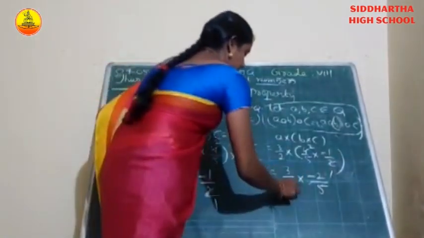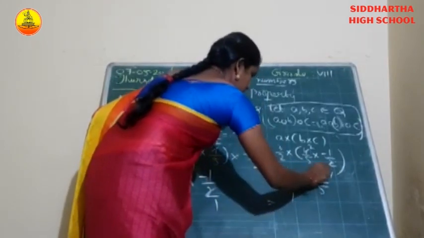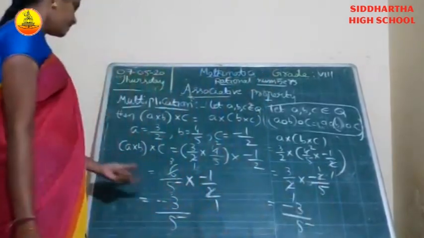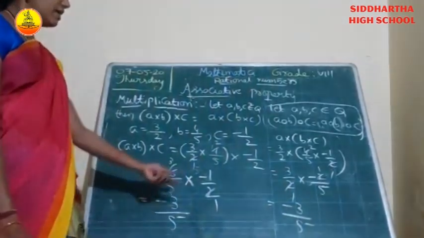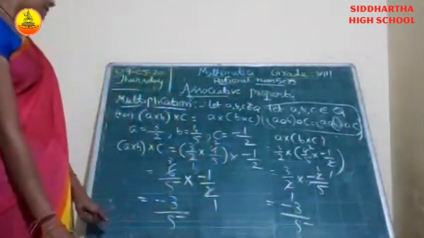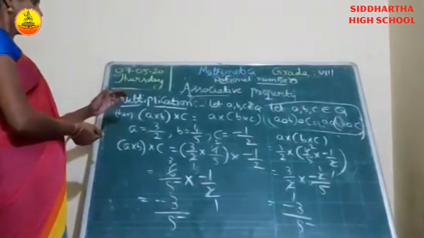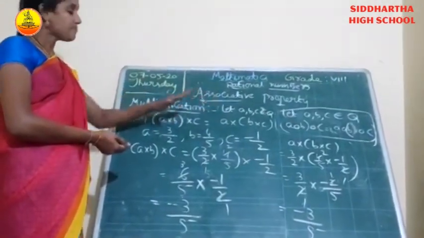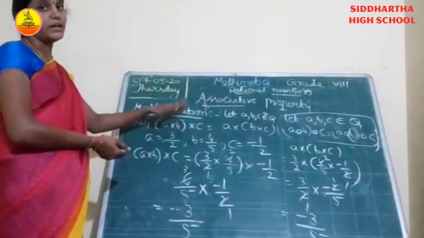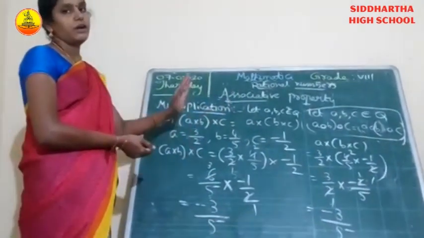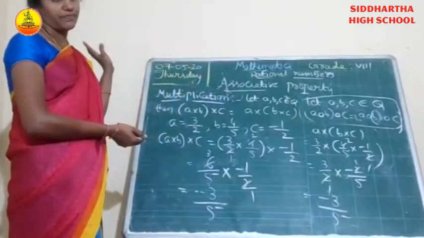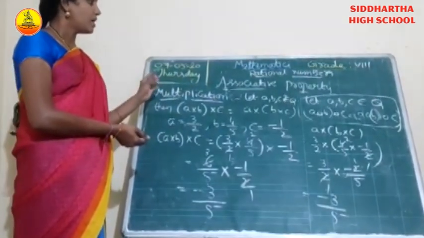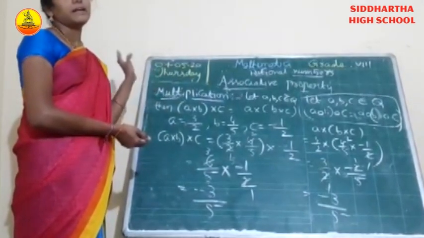Now again, 2 ones, 2 ones. 3 into minus 1, minus 3, 1 into 5, 5. So here also we got minus 3 by 5. Here also we got minus 3 by 5. So what we can say? Therefore, for any three rational numbers A, B, C, (A into B) into C is equal to A into (B into C). Did you understand? Therefore, the associative property holds good under multiplication.